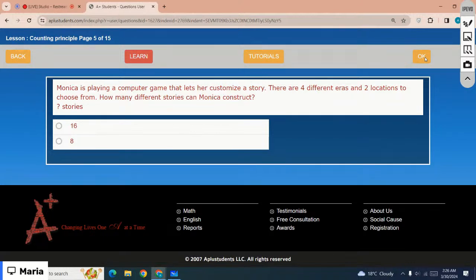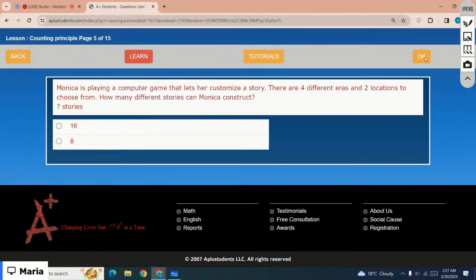Monica is playing a computer game that lets her customize the story. There are four different eras and two locations to choose from. How many different stories can Monica construct? So, which is the correct option?